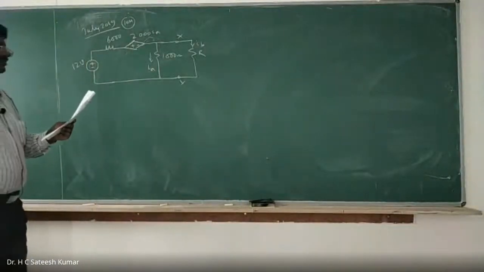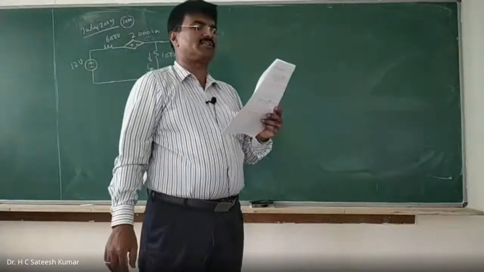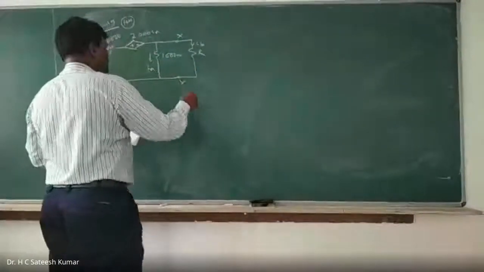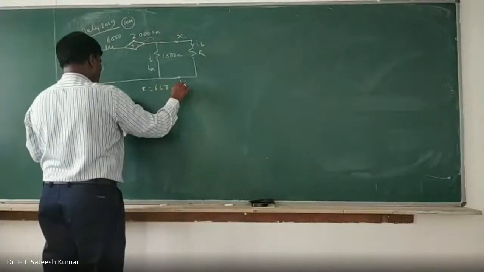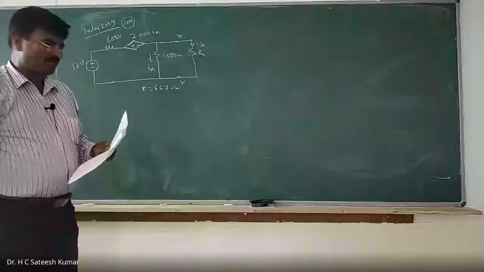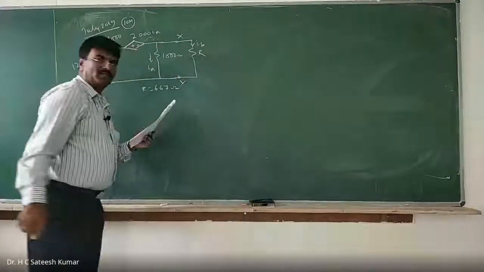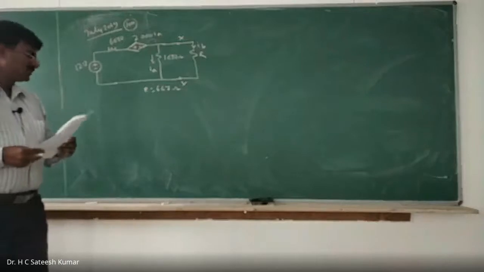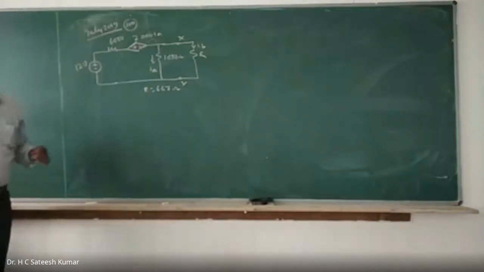Now what is the question? Find the value of IB using Norton's equivalent when R is equal to 667 ohms. Here calculator usage is very, very important, and how you do your approximations is also very important. Otherwise you will get only a nearby value. Okay, right? So let us see.